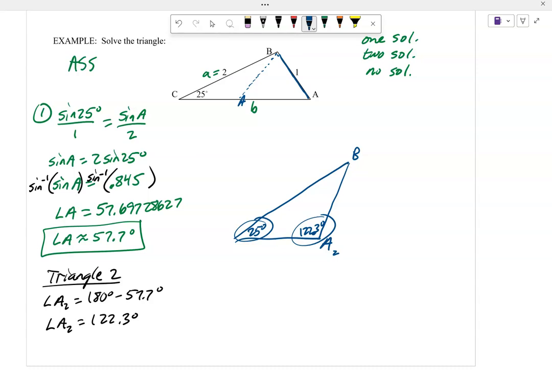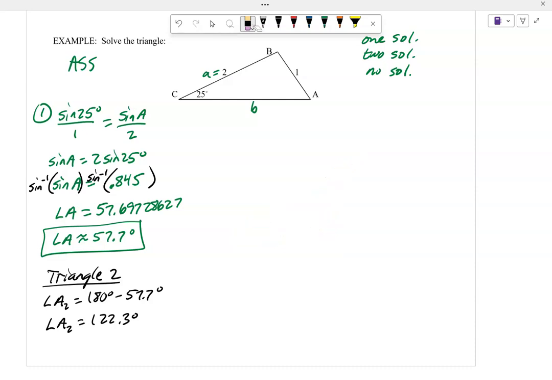So angle A becomes obtuse. So you have two options. You have triangle 1, which is how it's drawn, and then triangle 2 with the obtuse angle that I just erased. Okay? So we'll keep these totally separate.